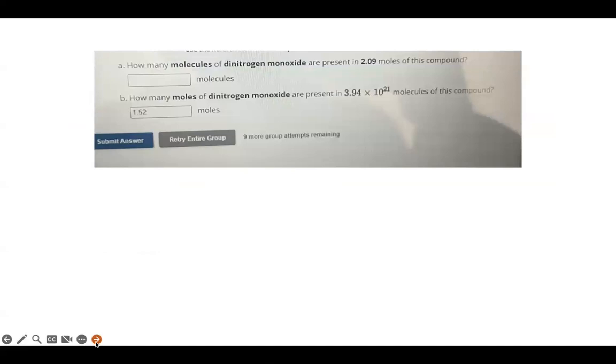All right, this one looks like an Avogadro's number one. Okay, so the question is asking us how many molecules of dinitrogen monoxide, N2O, are present in 2.09 moles of this compound.